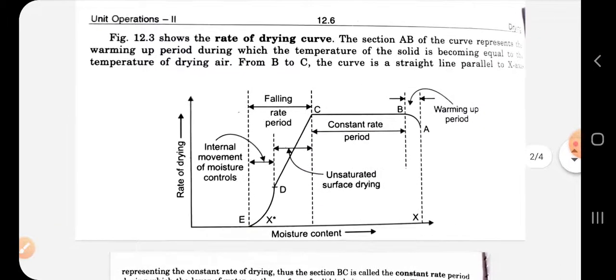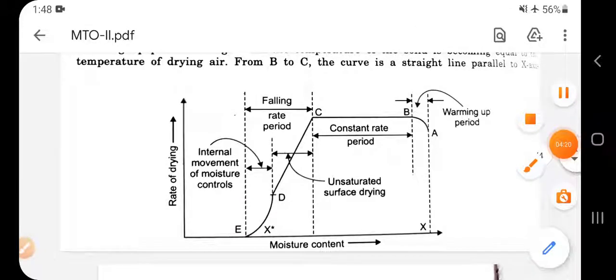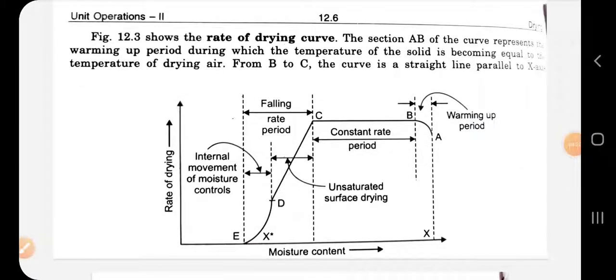This curve is similar to and much more descriptive than the previous one. This curve is the rate of drying curve. Now this curve is divided into various parts between A and E, starting from part A to B. The section A to B represents the warming up period.